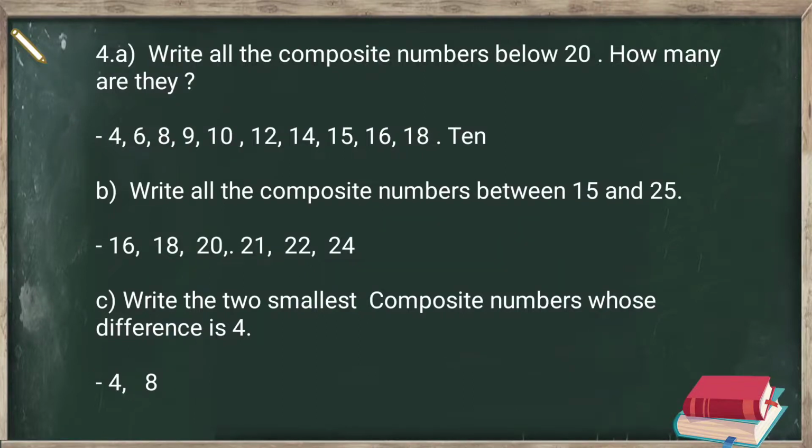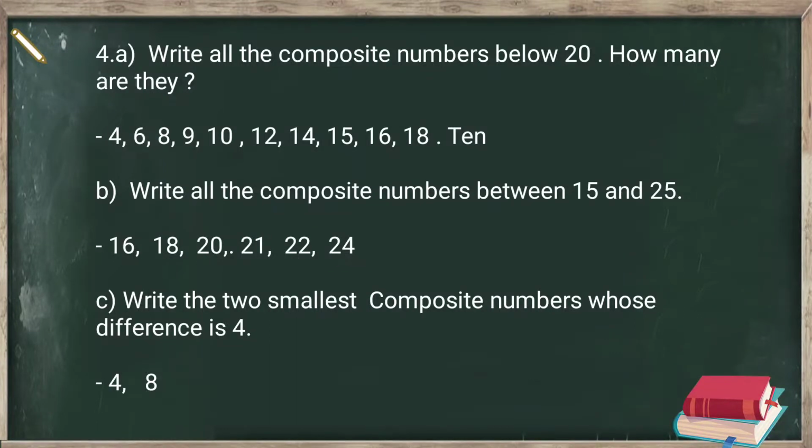Now C part: write the two smallest composite numbers whose difference is 4. You have to find the two smallest, not biggest, composite numbers whose difference is 4.